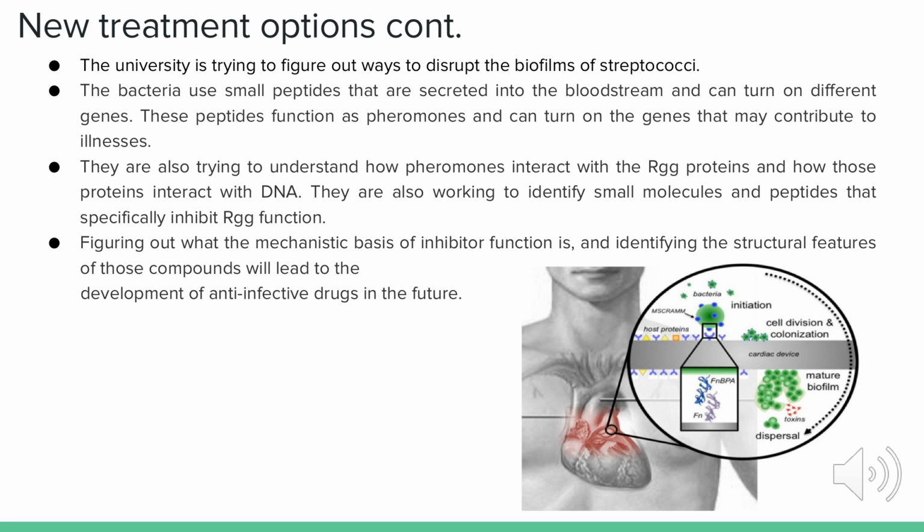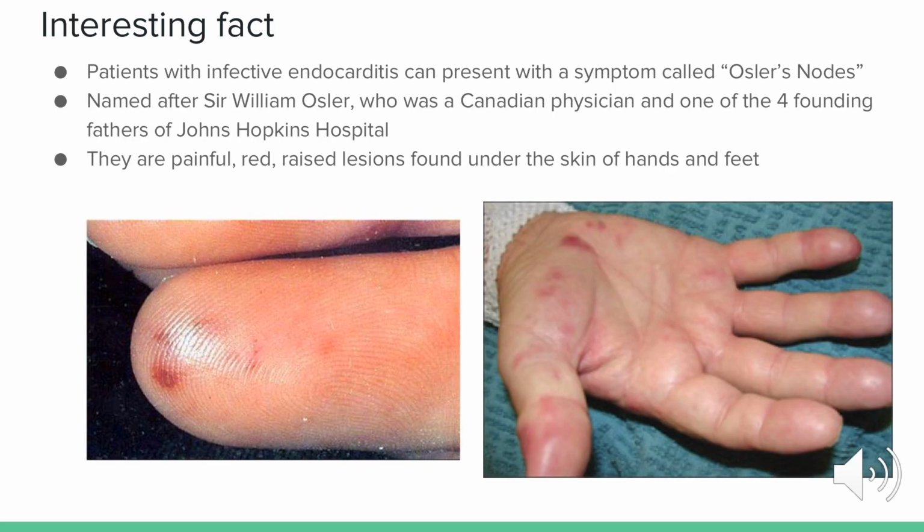These peptides function as pheromones and can turn on the gene that may contribute to illnesses. They're also trying to understand how pheromones interact with the RGG proteins and how those proteins interact with DNA. They're also working to identify small molecules and peptides that specifically inhibit RGG function. Figuring out what the mechanistic basis of inhibitor function is and identifying the structural features of those compounds will lead to the development of anti-infective drugs in the future.